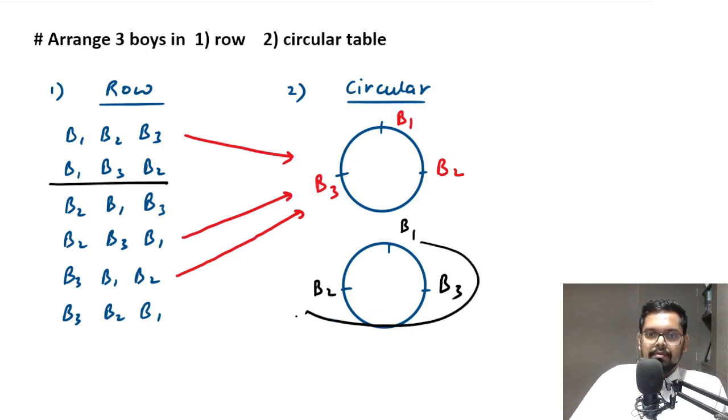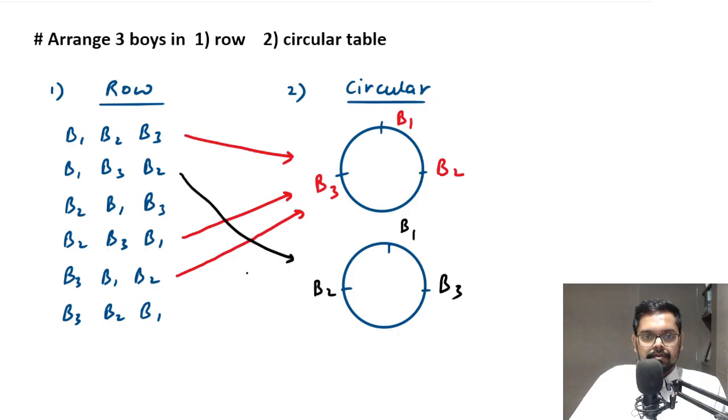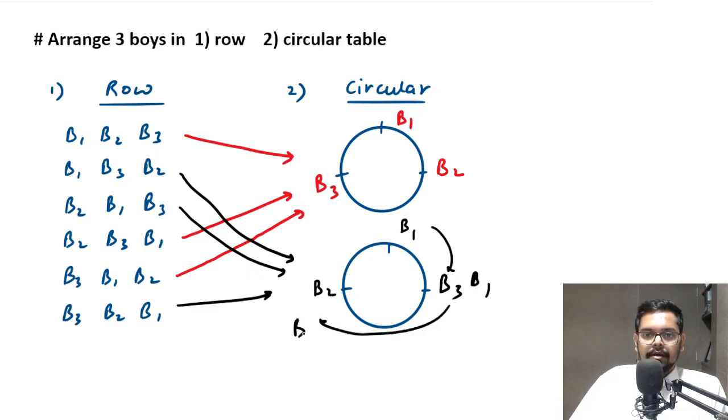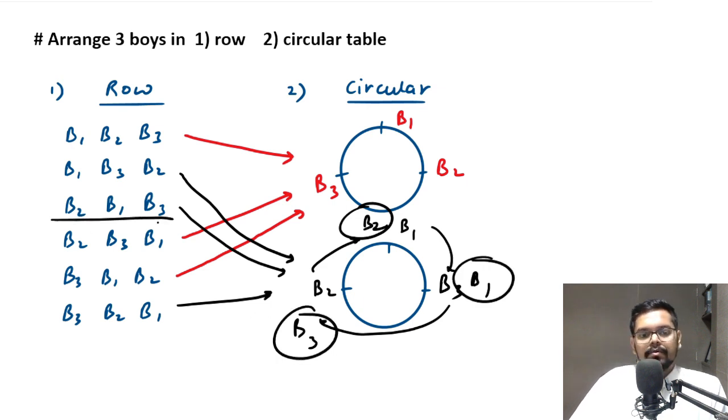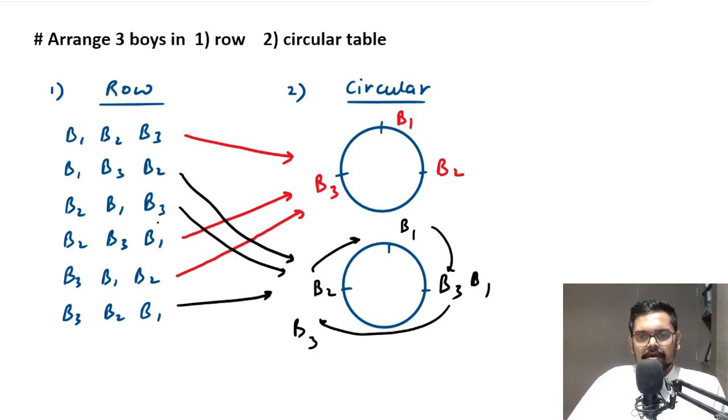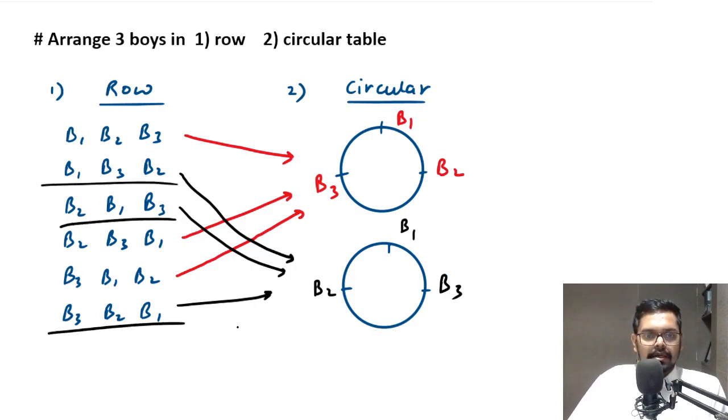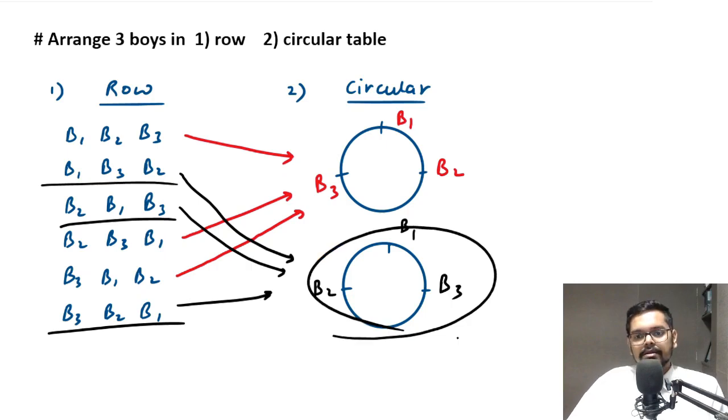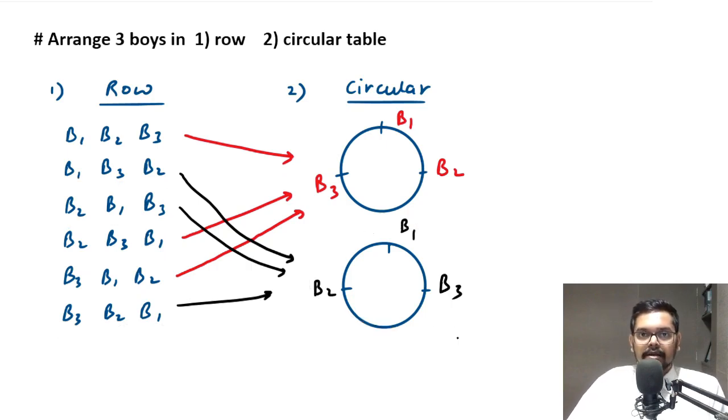Similarly, if you do the rotations, you get the rest as well. b1 comes here, b3 comes here, and b2 comes here, so you get the arrangement b2, b1, b3. One more rotation will bring the last case as well. I hope you got the idea. So these 3 cases in linear arrangement became 1 case in the circular. Finally, in circular arrangement only 2 cases make the answer.